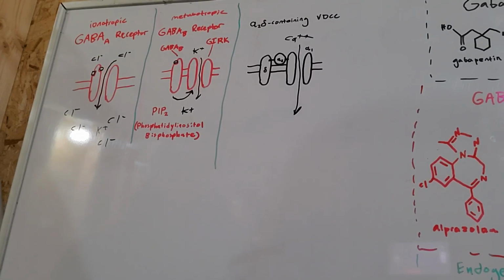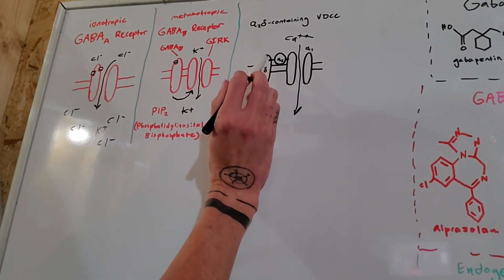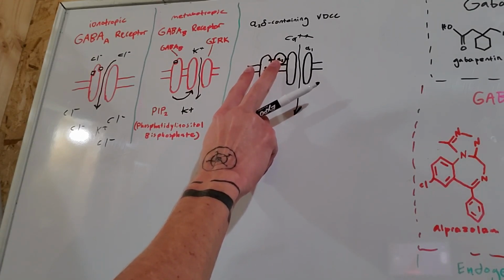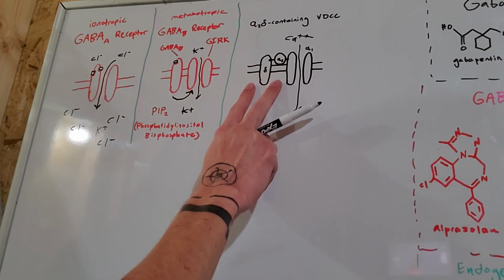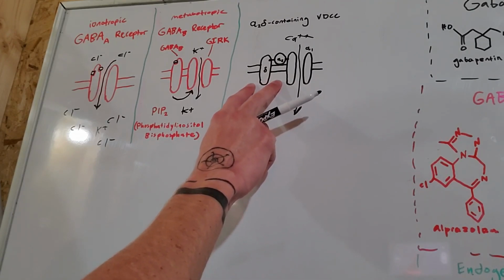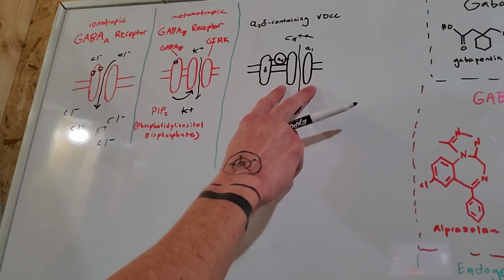So it's indirectly inhibitory. The purpose of this subunit is to help increase the efficiency and the duration of the opening of the channel.